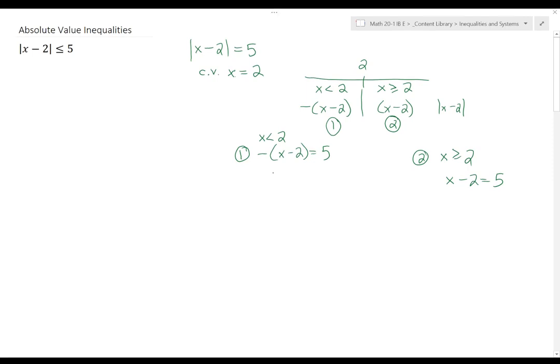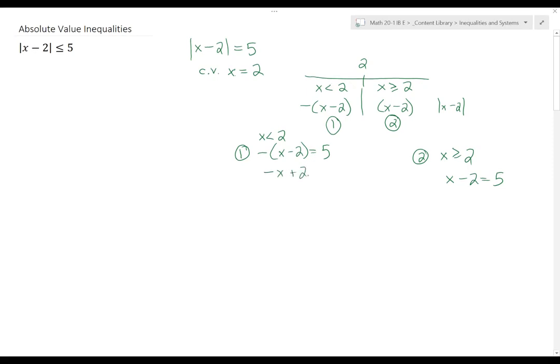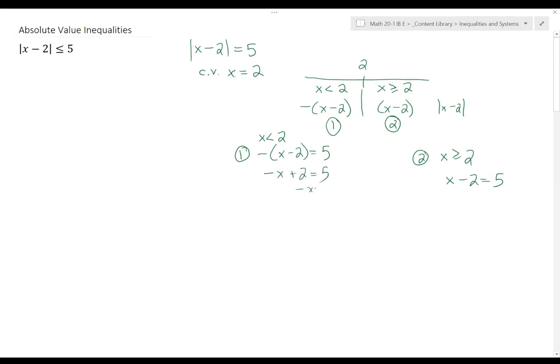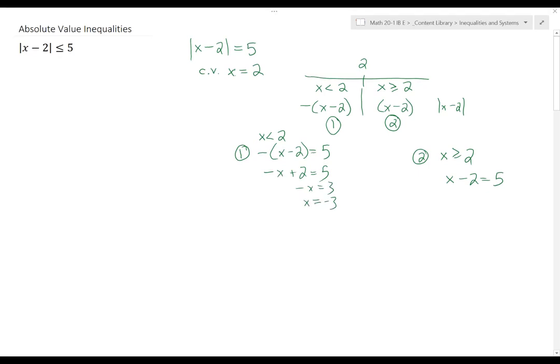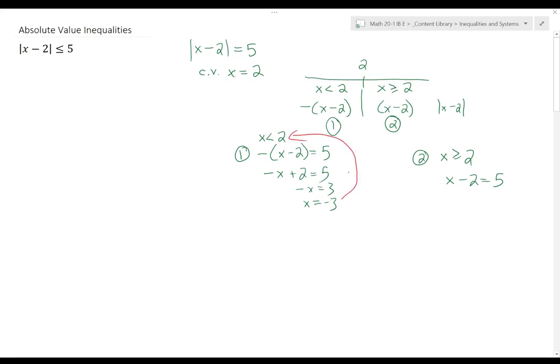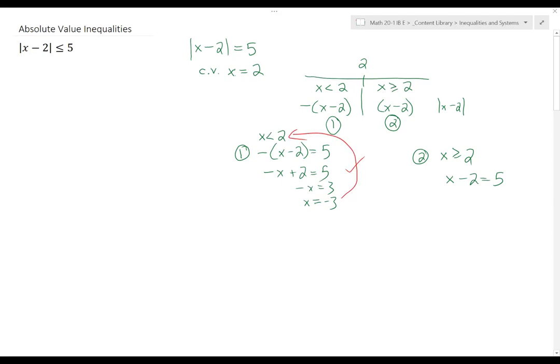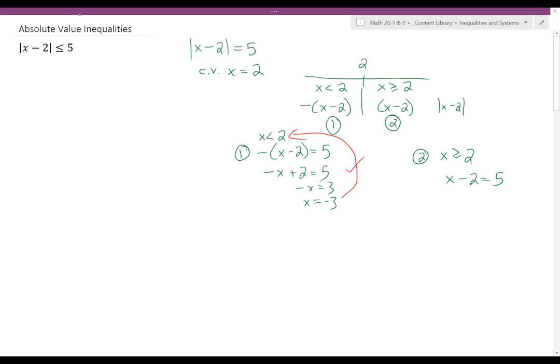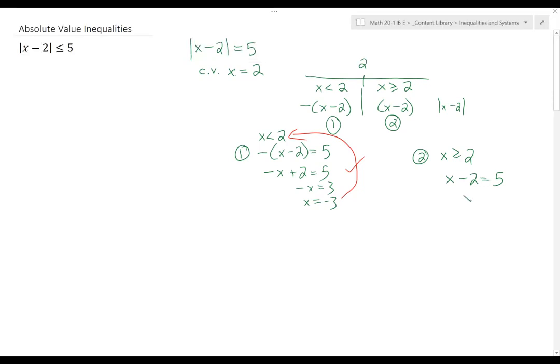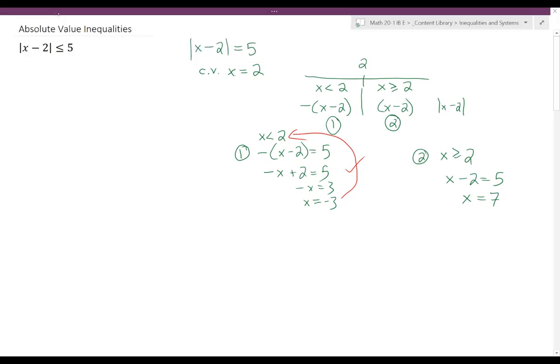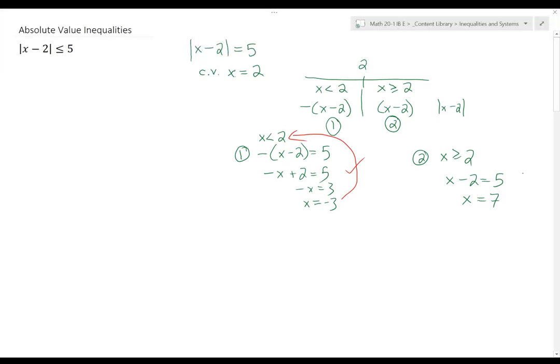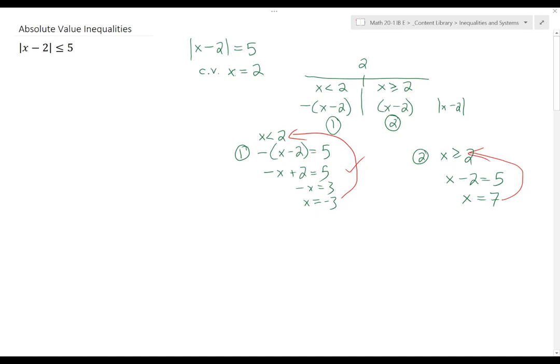So when I do the first, negative x plus 2 equals 5, so negative x equals 3, x equals negative 3. Negative 3, I check, is in fact less than 2. So that is a solution to the equation that I must accept. It's not an extraneous root. In the second case, I get x equals 7, which again is an acceptable answer because 7 is greater than or equal to 2. So both of these solutions work.